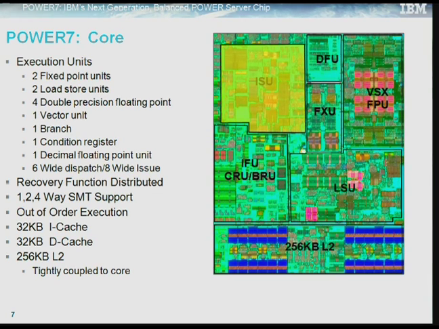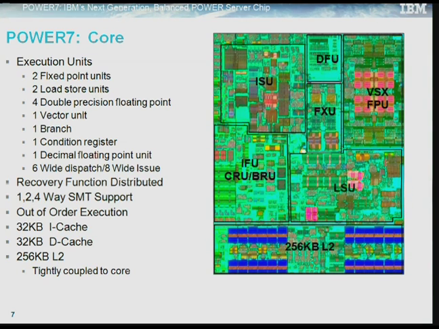The instruction sequencing unit has been made more flexible in Power 7. It is now capable of dispatching 6 instructions per cycle, including 2 branches per cycle. It also can issue 8 instructions per cycle to the 12 execution units.